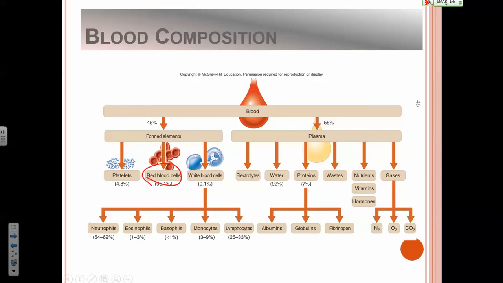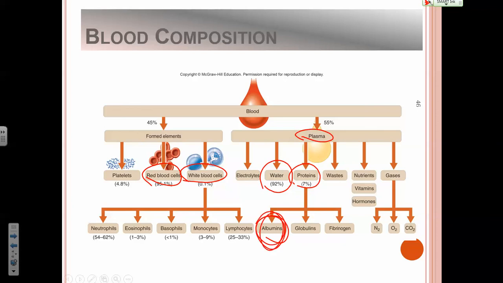You can talk about the production of them, the breakdown of them, all those details, and all the characteristics of erythrocytes. And you can look at all the different white blood cells, the basophils, the eosinophils, and so forth. Talk about those. The platelets. And then in the plasma, the biggest part is water, and the second biggest would be the proteins. And of the proteins, you have albumins. They're the most abundant. They give it osmotic pressure.